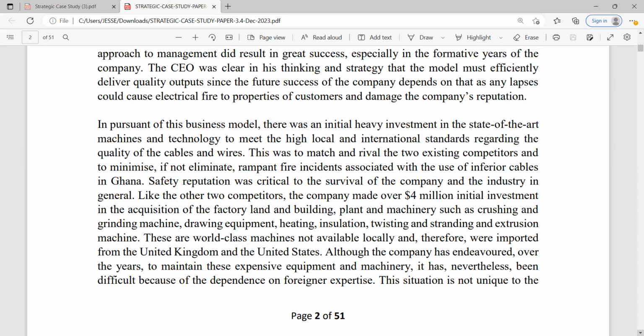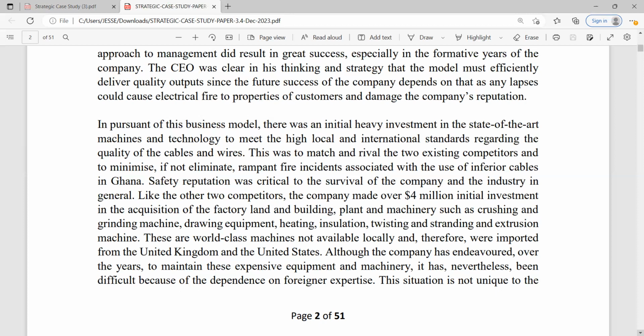It's very, very important to understand the value chain. You have your inbound logistics, your operations, outbound logistics. You also have your support activities, which include your infrastructure, your human resources, and your technology. These are all support activities.